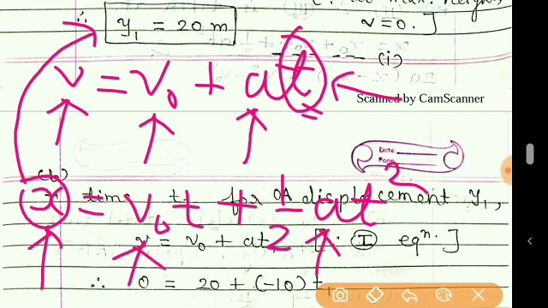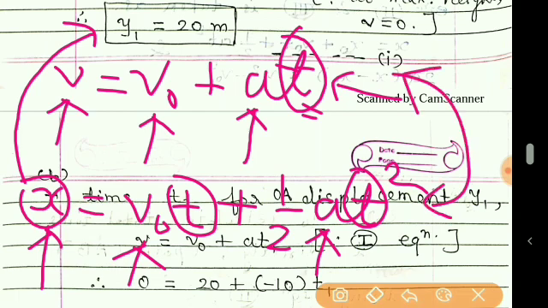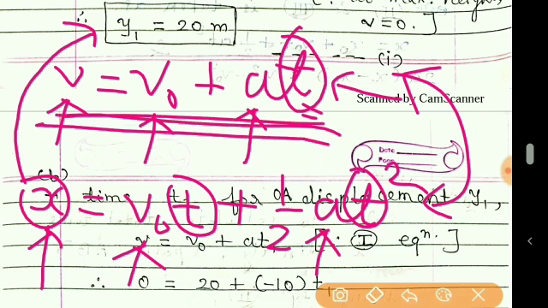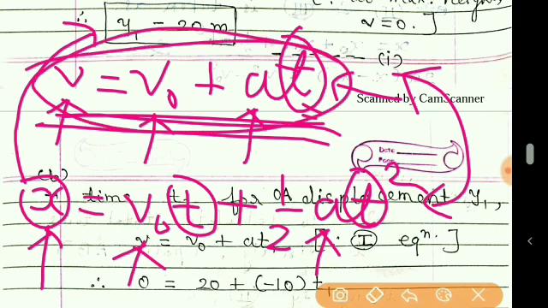Acceleration is also known to us. So only time t is unknown. So even we can use this second equation also. But which one is easy out of these two? So definitely it is clear that this equation seems to be easy. So we will use this first equation to find time t1.